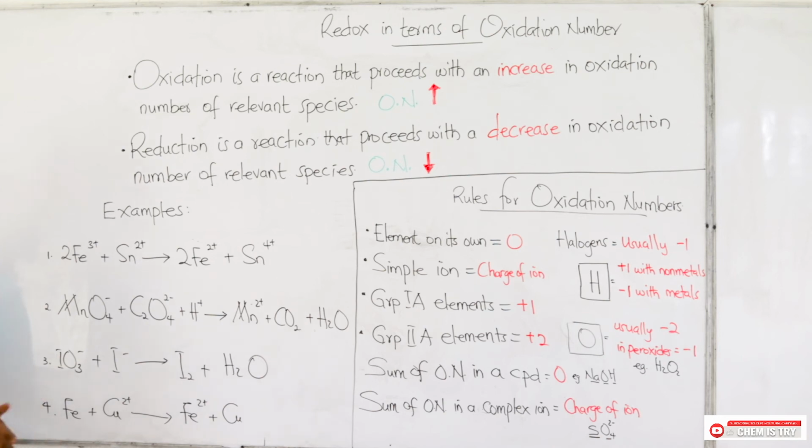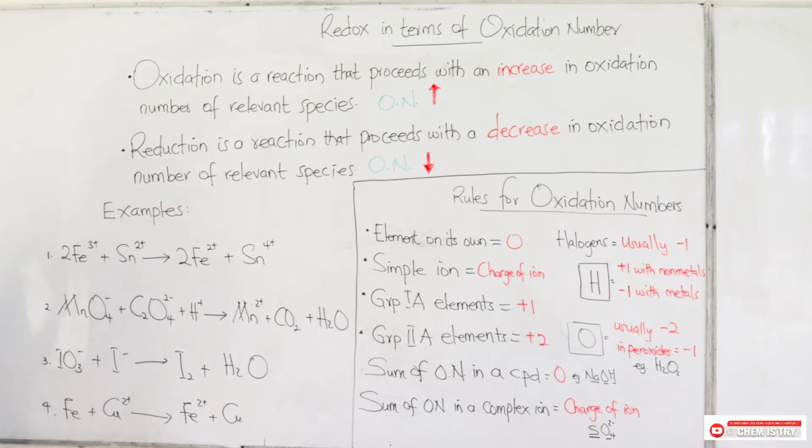Now, after writing them down, you can compare and see which one is undergoing an increase and which one is undergoing a decrease. The one undergoing an increase will be the one undergoing oxidation, and the one undergoing a decrease will be the one undergoing reduction.